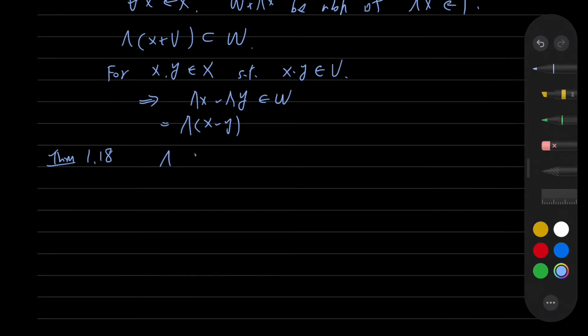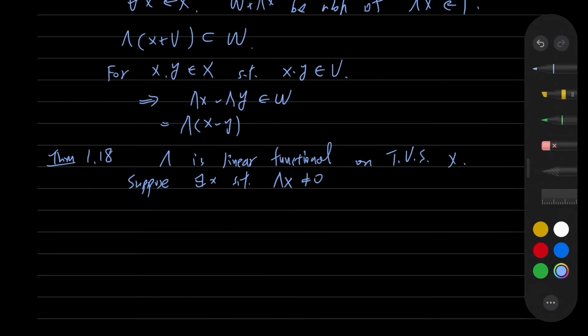And lambda is a linear functional on the topological vector space X. And suppose that there exists X such that lambda X is not identically 0. Then the following are equivalent.